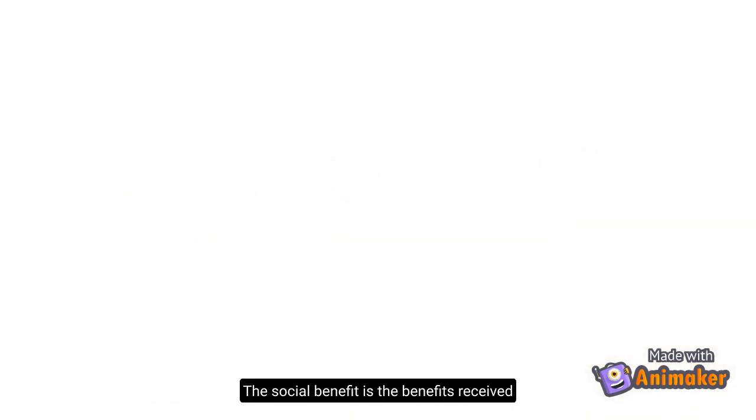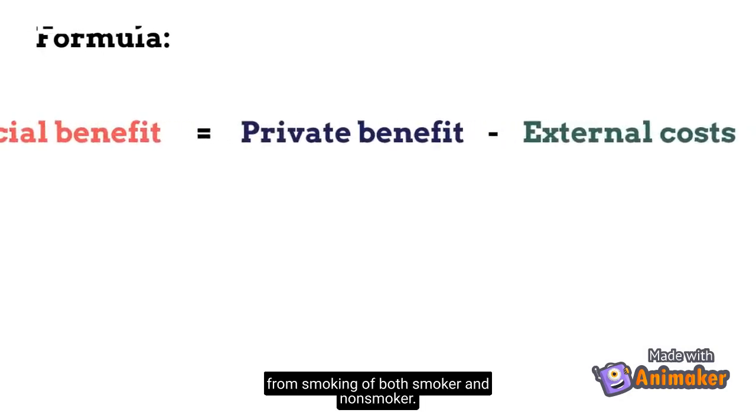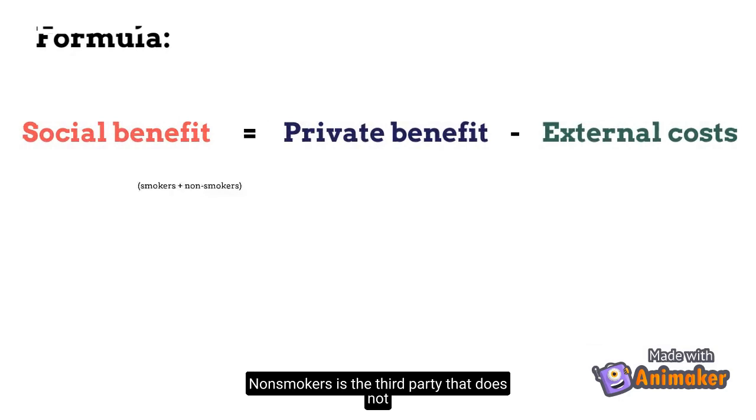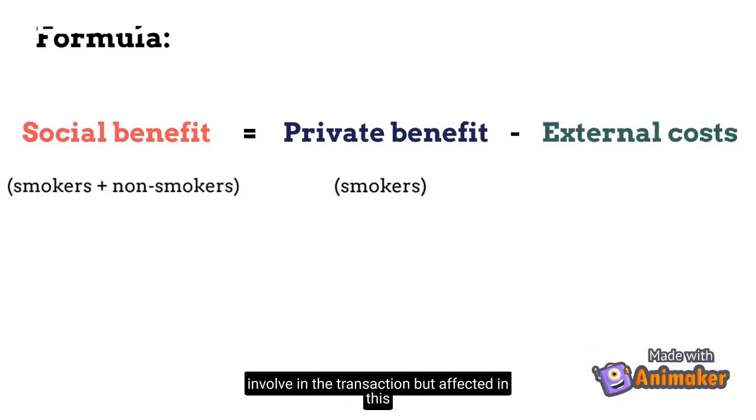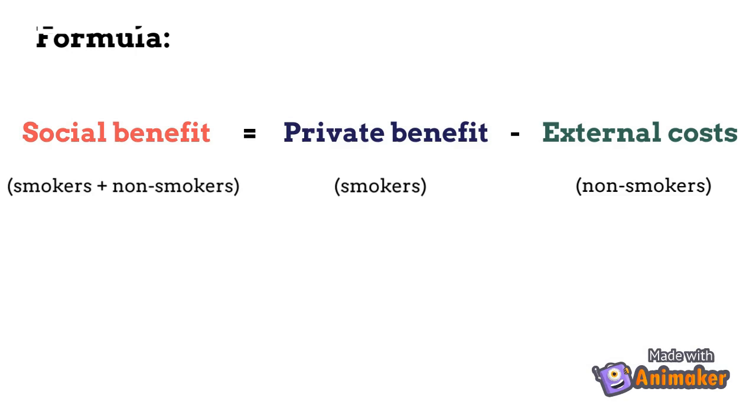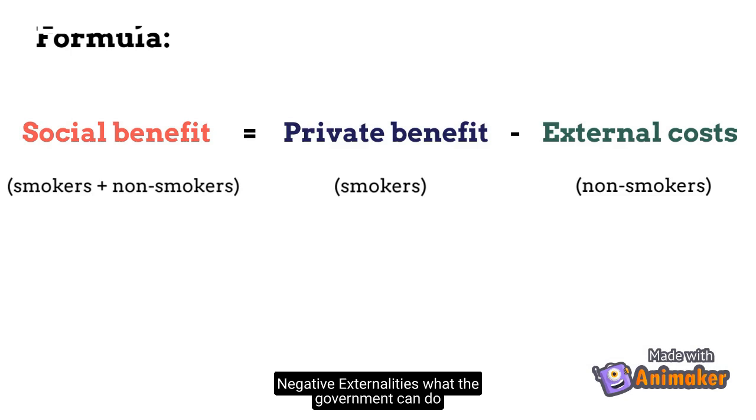The social benefit is the benefit received from smoking by both smoker and non-smoker. Non-smokers are the third party that is not involved in the transaction, but affected. In this case, given that smoking is harming non-smokers, the social benefit will equal private benefits minus negative externalities.